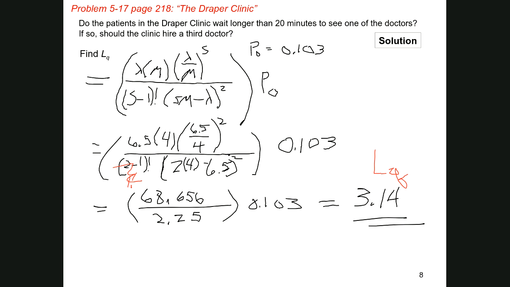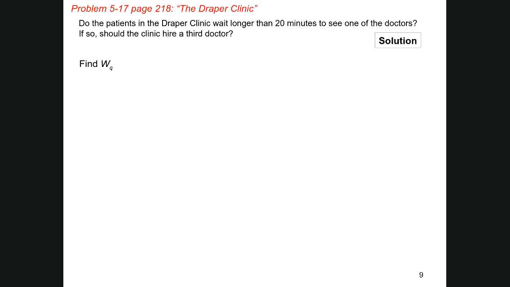All right, so now the next question is, what's W sub Q? We know from our previous work, W sub Q is L sub Q divided by lambda. And of course, we know from the previous page, this is 3.14 divided by our arrival rate lambda of 6.5.